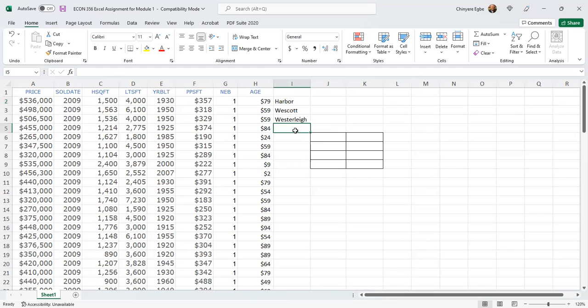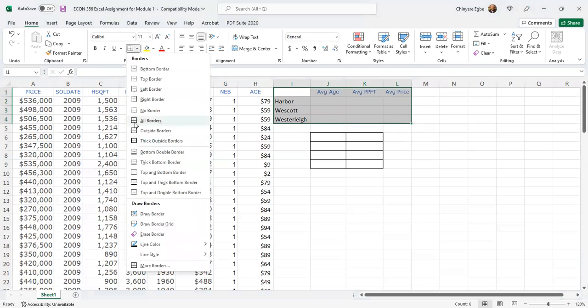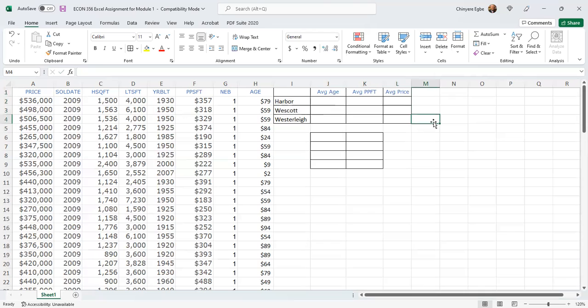Okay, so here, look at average age, and average price per square foot, and I'm going to calculate average price. The problem is not difficult at all. You just needed a table that had all three averages.